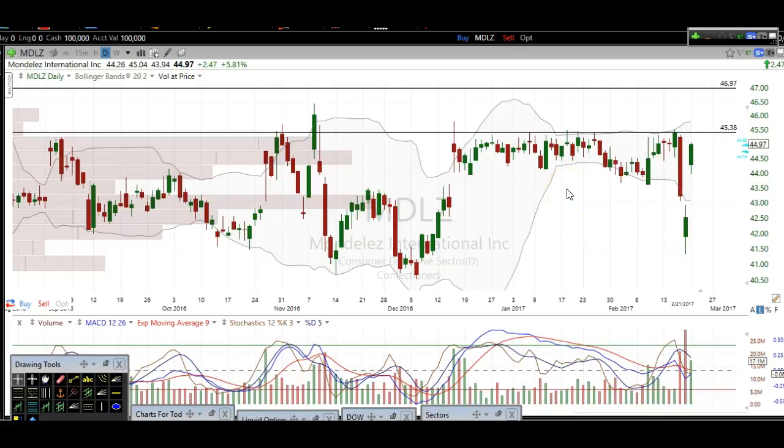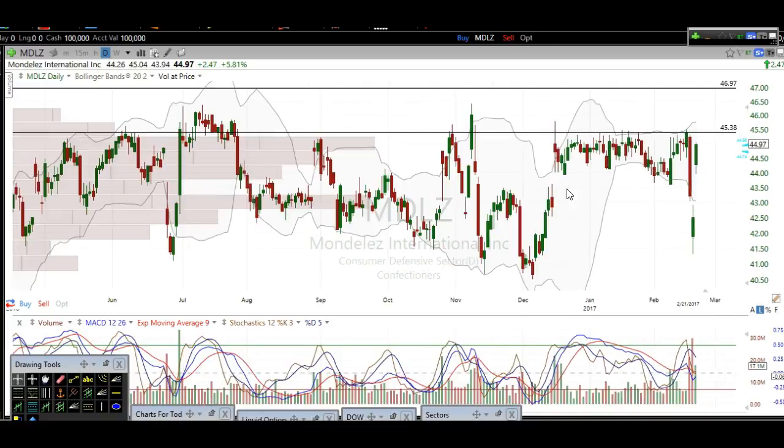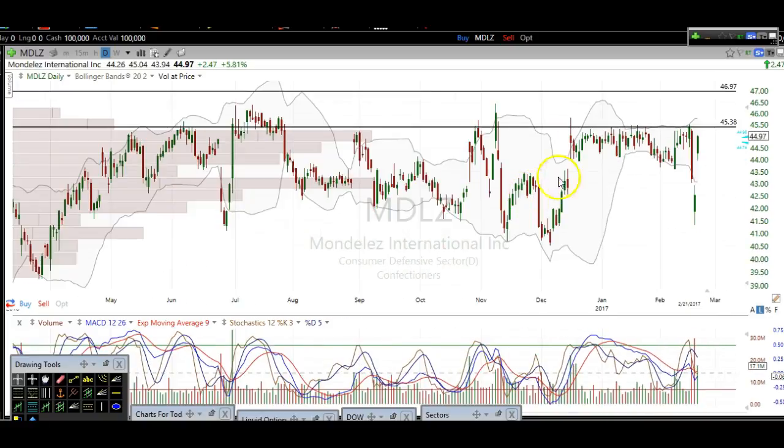But now, what are we looking for on Mdlz? Well, it's coming up to a big time resistance. You can see just in the short term right here at about 45.50 approximately. Big time resistance right here on Mdlz. You can see over here we couldn't break through.